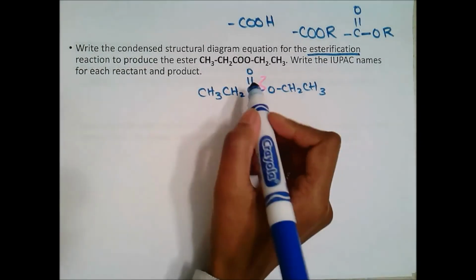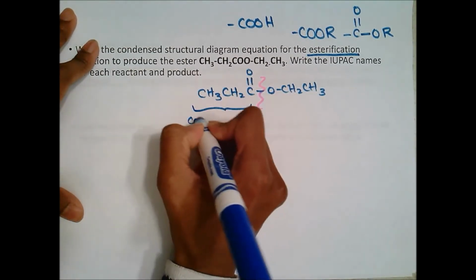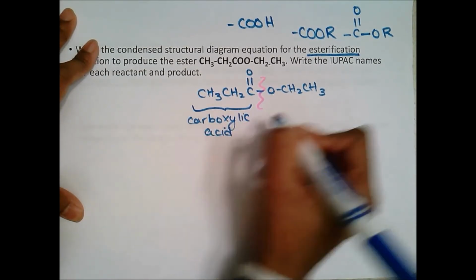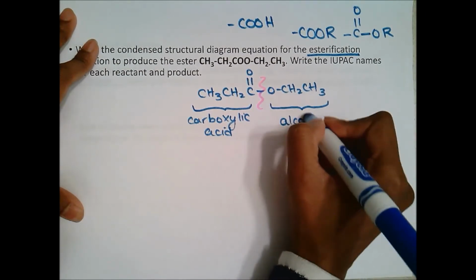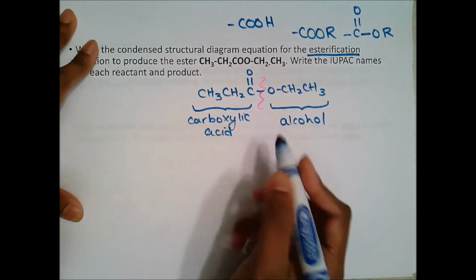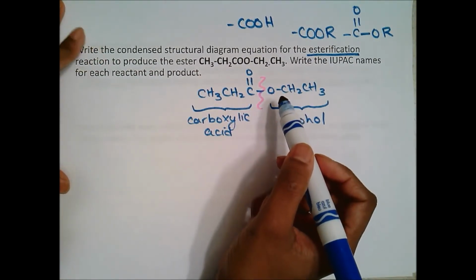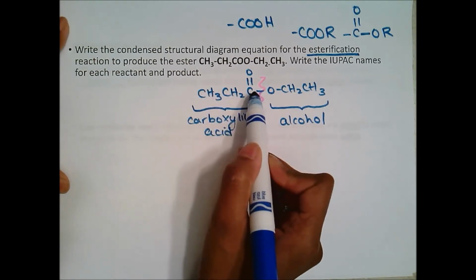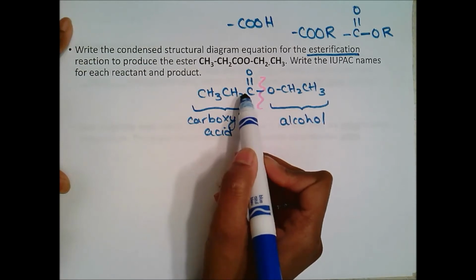So like I mentioned, this part would have been our carboxylic acid part. And this side technically would have been the alcohol that we would have started with. So can you tell me how many carbons were in our initial carboxylic acid? Absolutely. You're looking at the number of carbons on this side. So I have 3. So this side, it should have been propanoic acid.